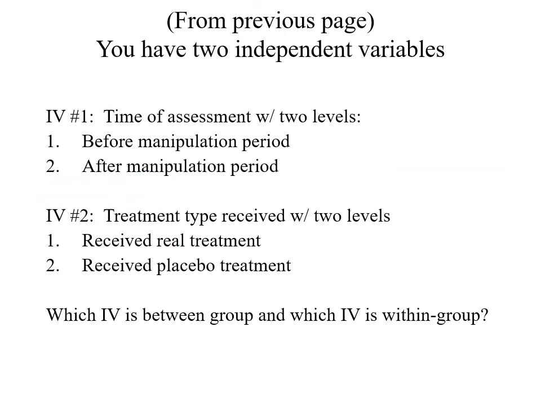So basically you have two independent variables. Independent variable 1 is the time of assessment with 2 levels: before the manipulation period and after the manipulation period. The second independent variable is the treatment type received, with 2 levels: one received the real treatment and another received the placebo treatment.